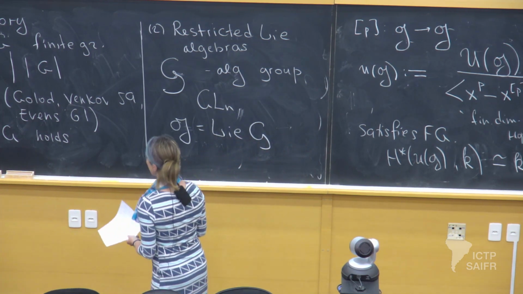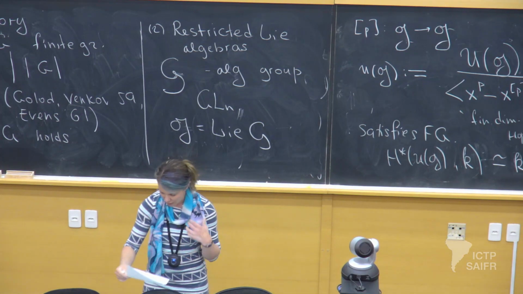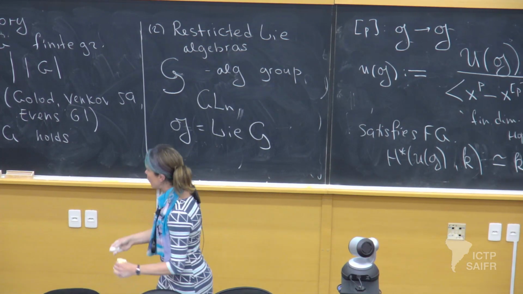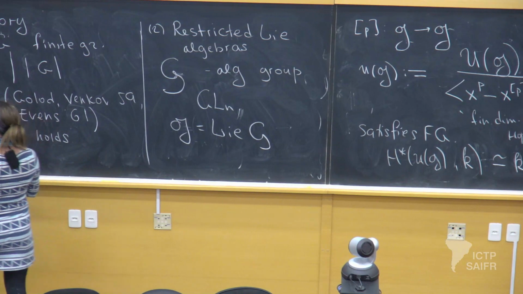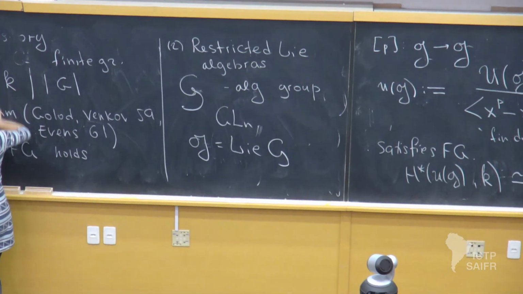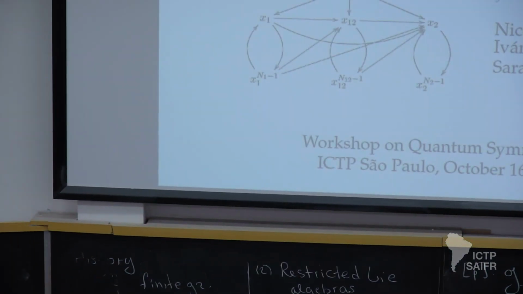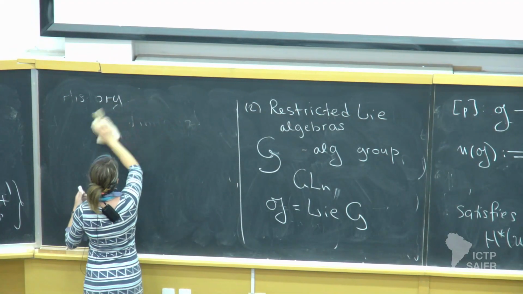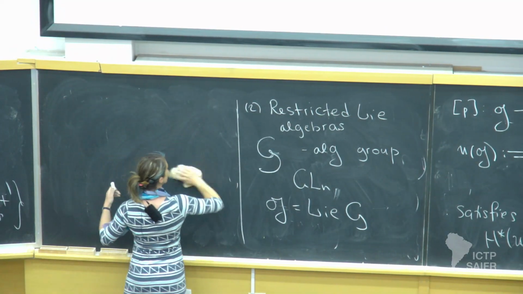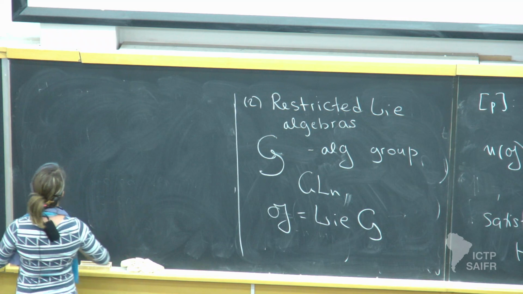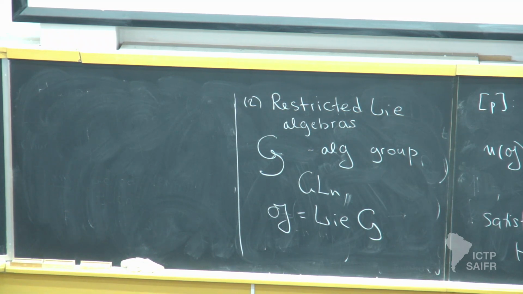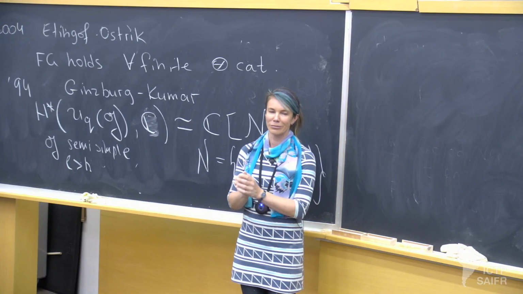And then together with Mastnak, Pevtsova, Schauenburg, and Witherspoon, we proved in 2010 finite generation for certain pointed finite dimensional Hopf algebras with abelian groups of group-like elements. But we had to assume that the orders of these elements were relatively prime to 210. Namely, we had to exclude 2, 3, 5, 7, 11, which excludes quite a bit of Hopf algebras.